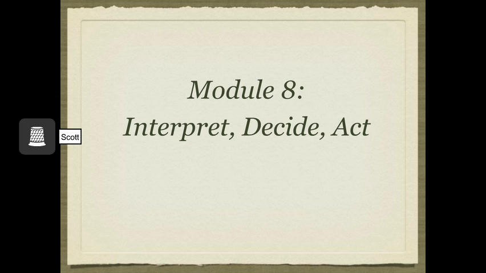This is Module 8, the interpret, decide, and act phases of pragmatic inquiry. We're going to be doing a number of different things in this last module, but the main point is to take all of the research that we've done in the explore phase and to begin to interpret how we can intervene in a system and to make a persuasive case to a particular audience that they should do something.